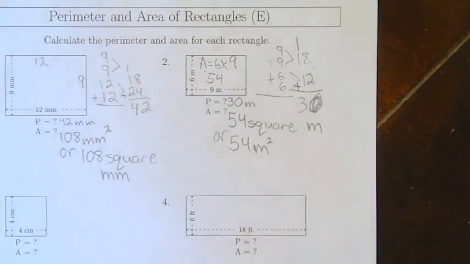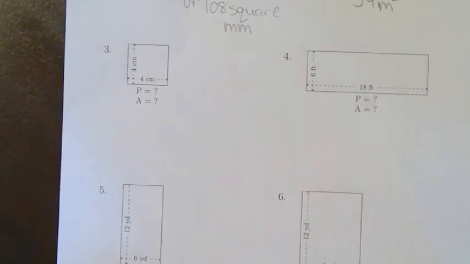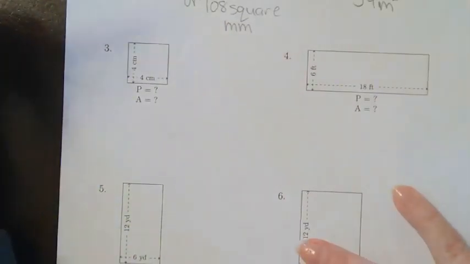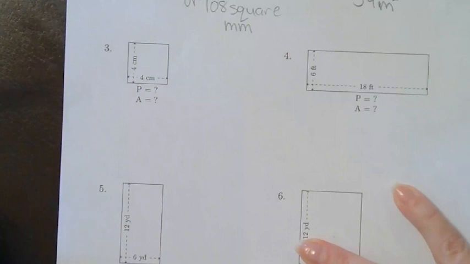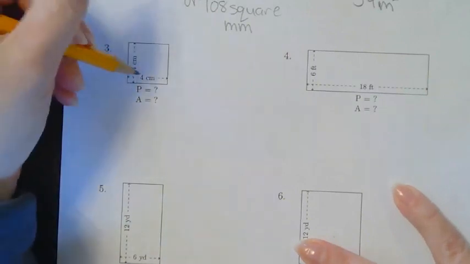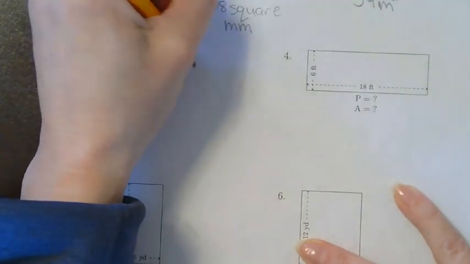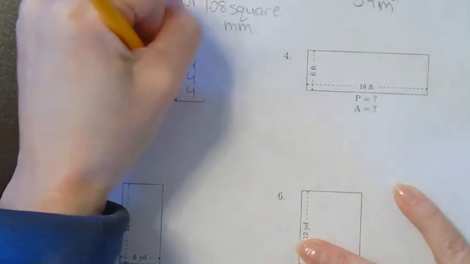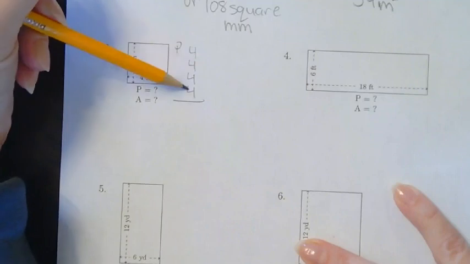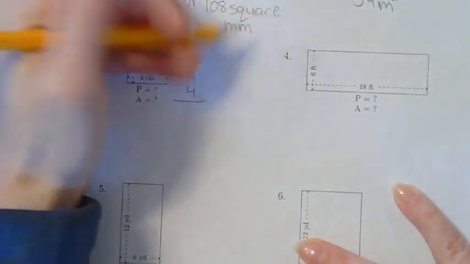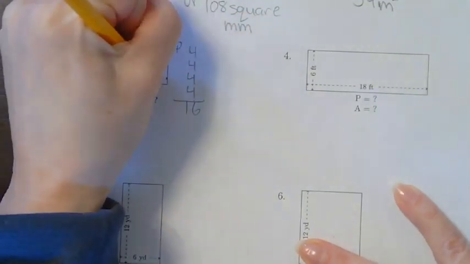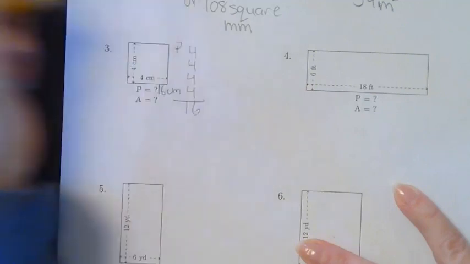Okay? Now let's try this next problem down here. This next problem is a square, obviously. So for perimeter, I can say 4 plus 4 plus 4 plus 4, right? Well, what's 4 times 4? 16. So my perimeter is 16 cm.